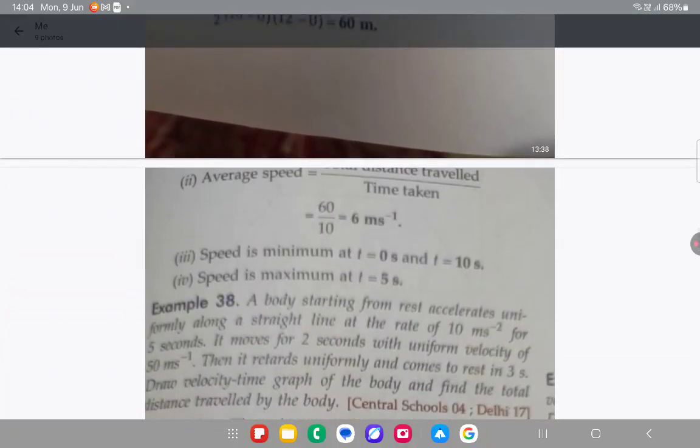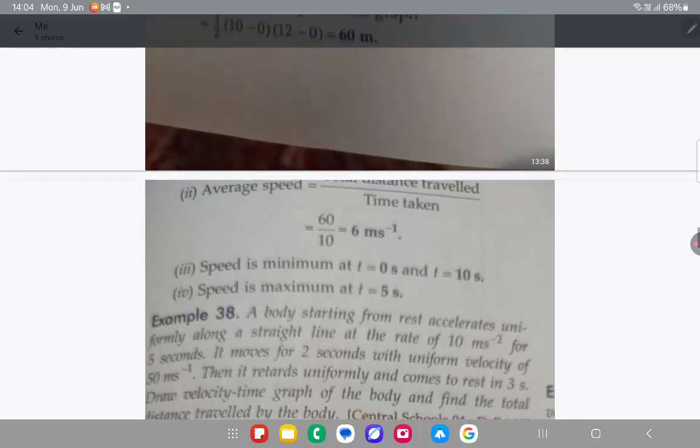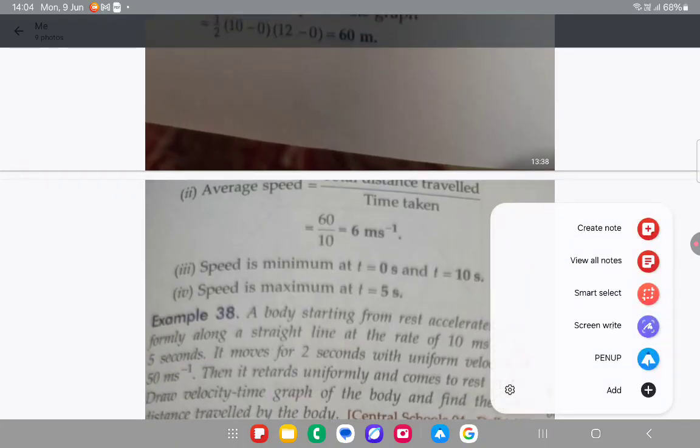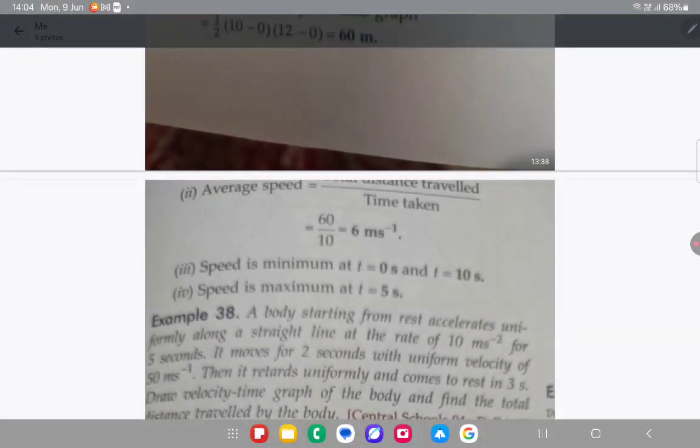The average speed is the total distance traveled by the total time taken. The total distance itself is 60. The total time taken as per the graph is 10. This is the way you should write it, total distance by total time taken. I was thinking of change in position by change in time. That's only average velocity. This is average speed, which is total distance by total time taken. So 60 by 10, 6 meter per second.